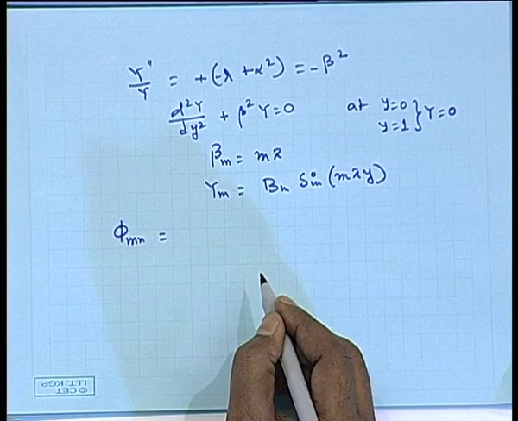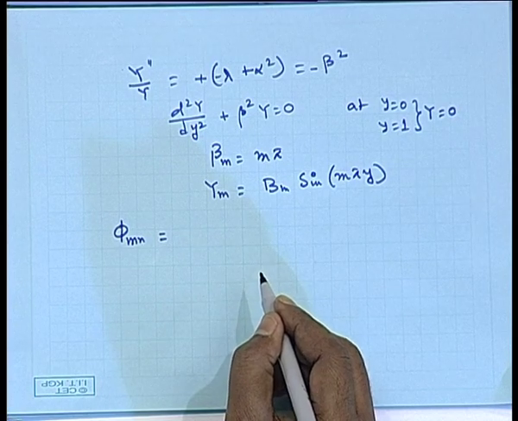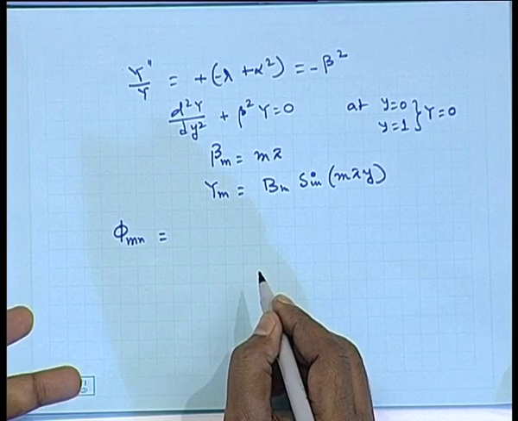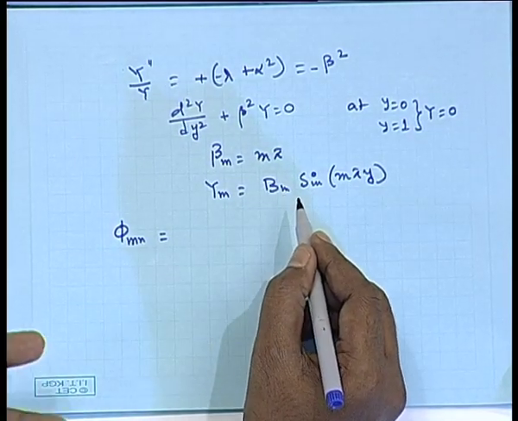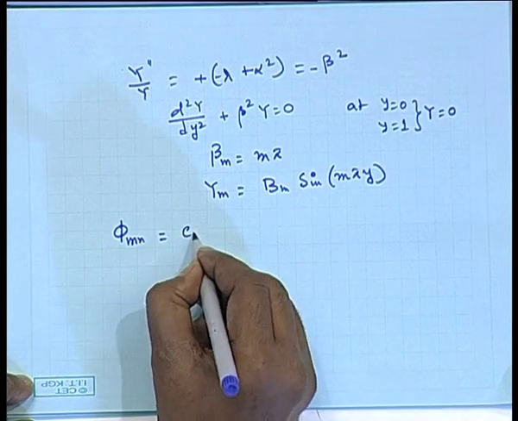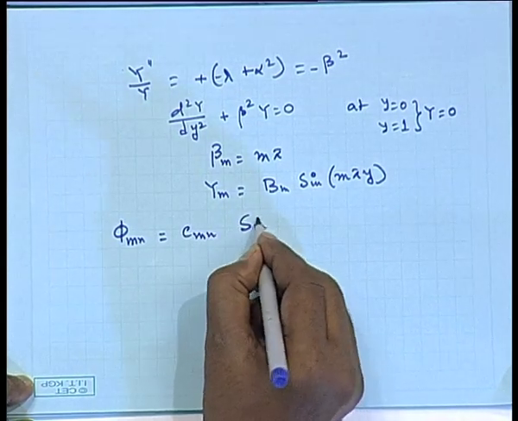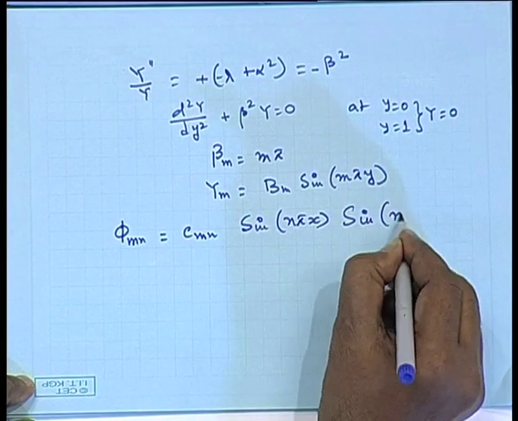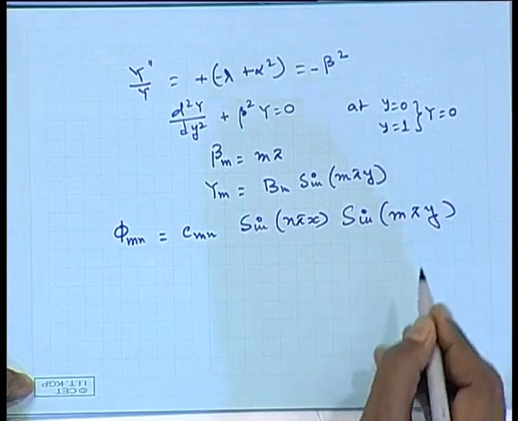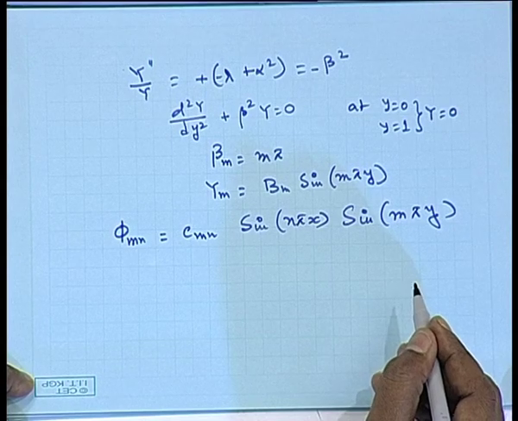Phi is nothing but capital X, x n, multiplied by the y m. So, a n multiplied by b m, two constants. So, let us say it will be a new constant, c m n, sin n pi x sin m pi y.